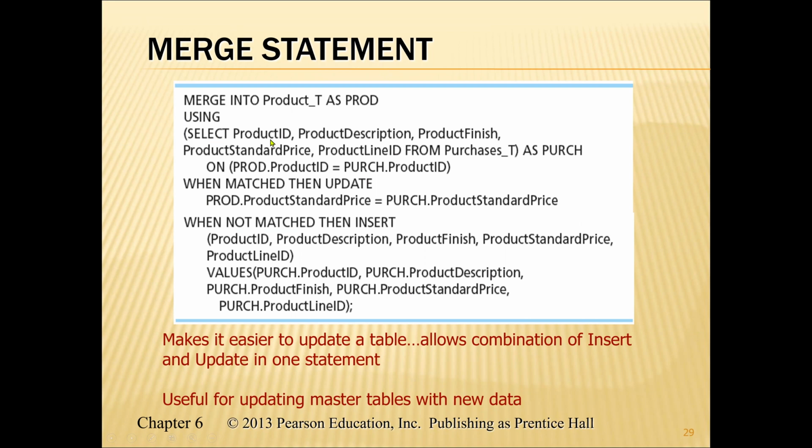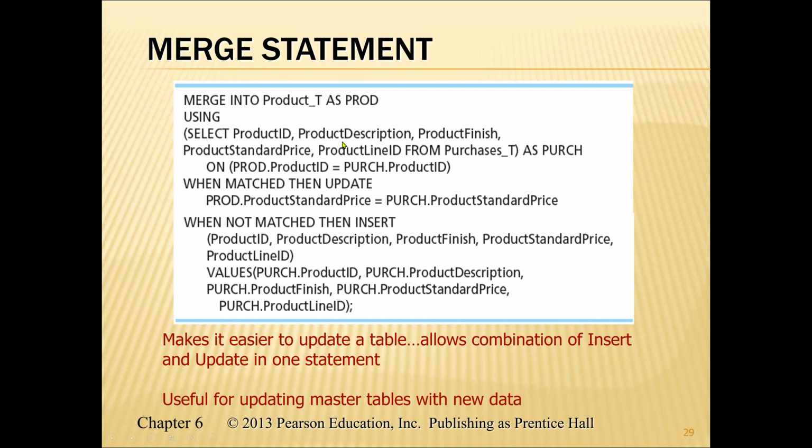So here we are going to select the product ID, product description, product finish. If we are selecting all the columns, then I can just write select all with the asterisk. But here we are selecting specific column names.